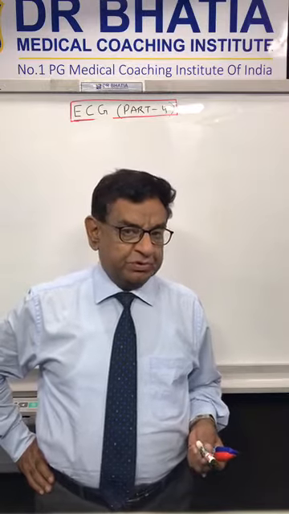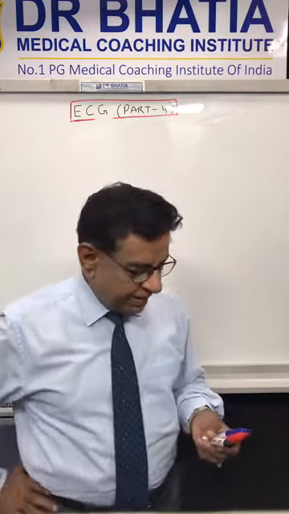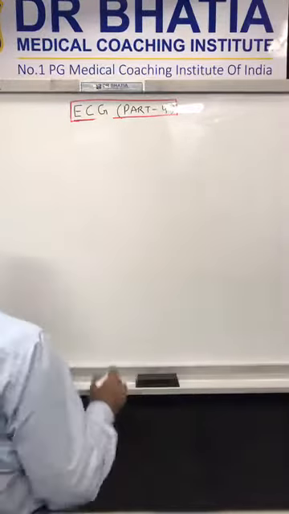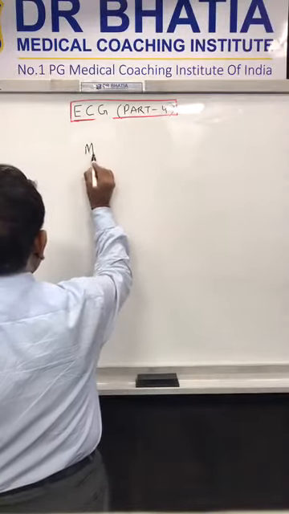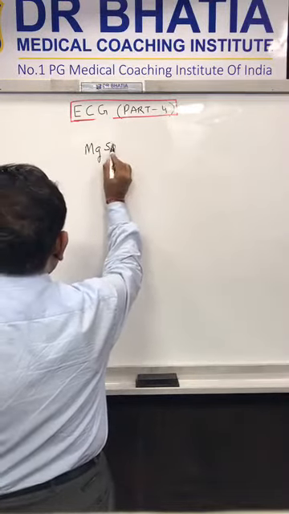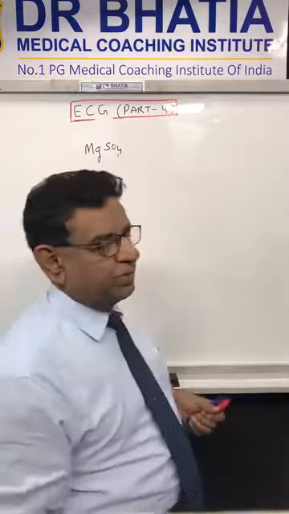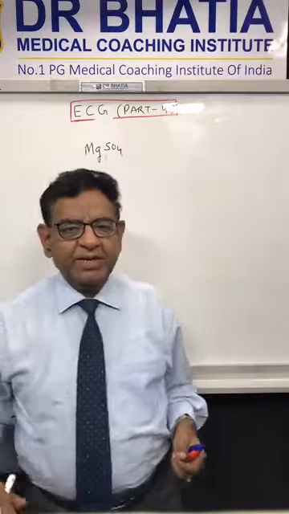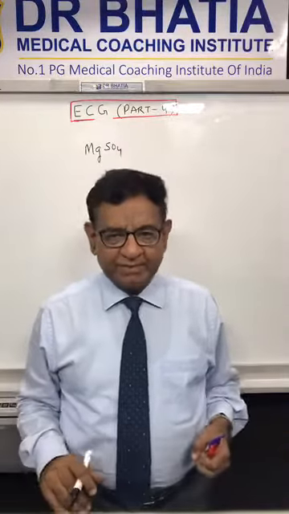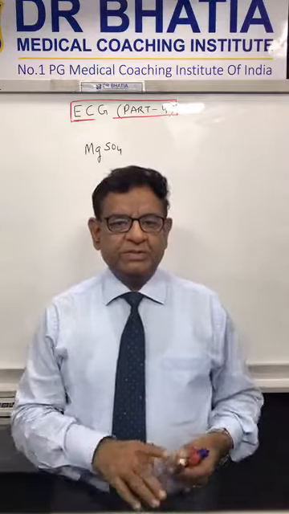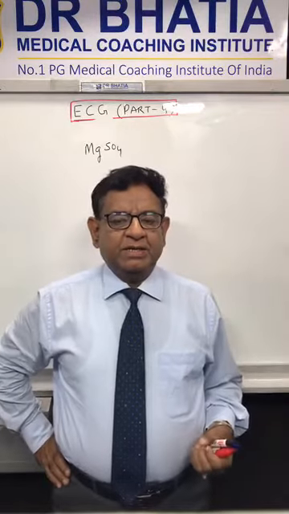It should be infused very slowly. But in the meantime, what we can give immediately is magnesium sulfate. Immediate treatment should always be magnesium sulfate. It prevents further damage to the heart. So this is about arrhythmias.